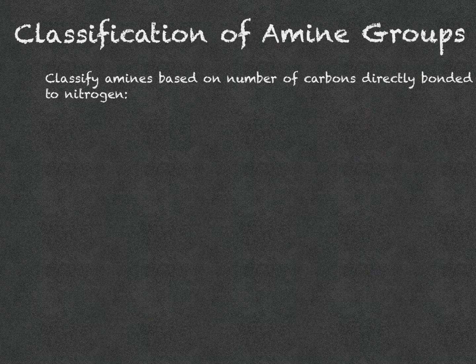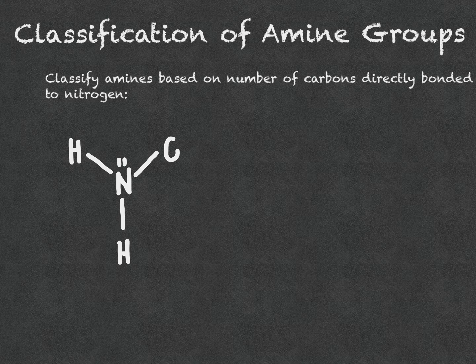The classification of an amine group is based on the number of carbon atoms that are directly connected to the nitrogen, where if the nitrogen is directly connected to just 1 carbon and the rest are hydrogens to fill the complete octet of the nitrogen, we refer to that amine as a primary amine. Primary meaning 1. There is 1 carbon atom directly connected.